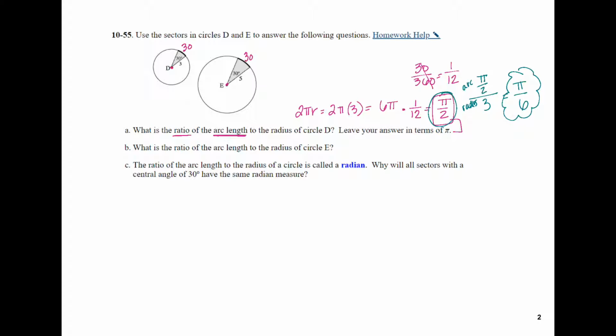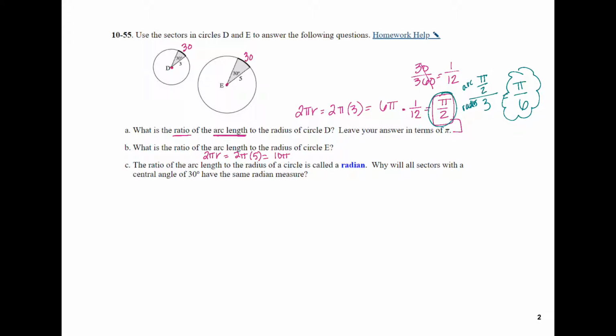So the first thing we need to find is that actual arc length. So to find the arc length, we need to do 2 pi r to find the circumference of the circle, which would be 2 pi times 5, which gives us 10 pi.